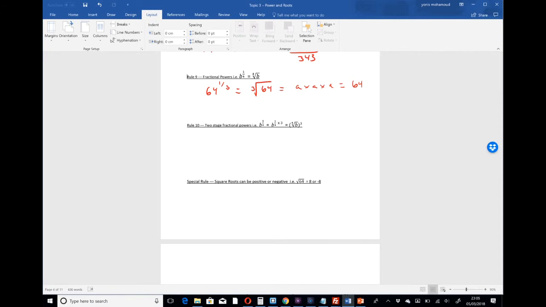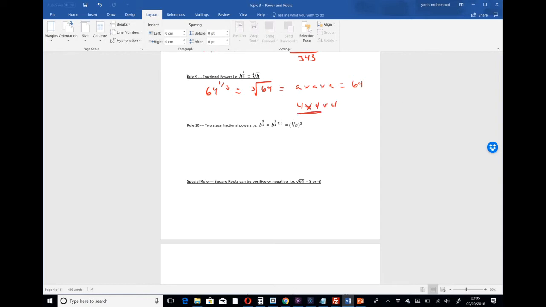And let's try 3 times 3 times 3. So 3 times 3 is 9, and 9 times 3 is 27. That doesn't give us 64, so that's not the number we're looking for. Let's try 4 times 4 times 4.